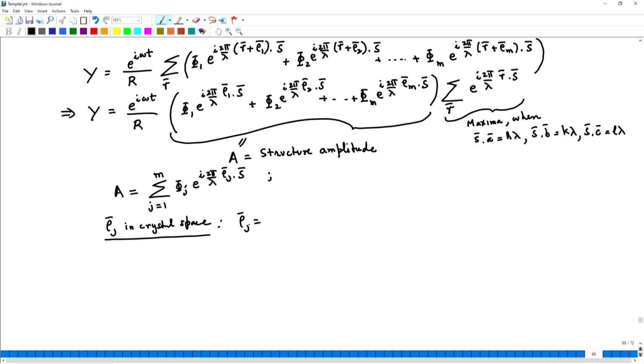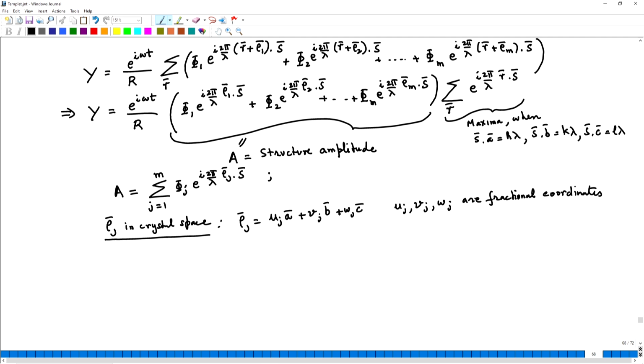This is written as uj a plus vj b plus wj c, where a, b, c are the unit cell vectors, and uj, vj, wj are fractional coordinates of the location of the jth atom.